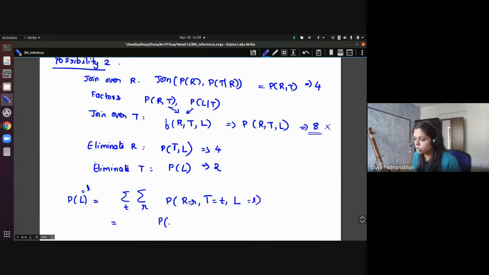We knew this is P of T given R from the network, and this is L given T, and there's again a summation here.